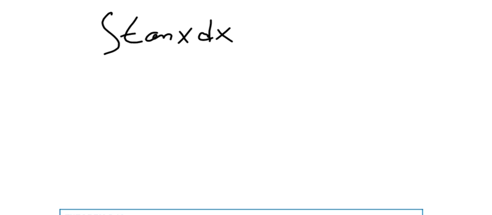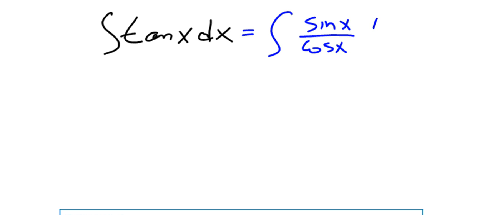So for example, we do know we can go ahead and replace tangent x with sine x over cosine x dx. And now I can do u substitution. So I'm going to let u be equal to cosine x. And taking the derivative, I get negative sine x dx.